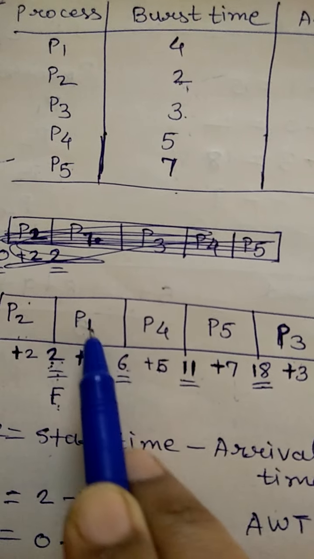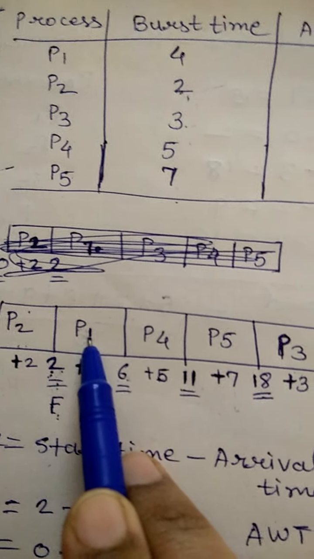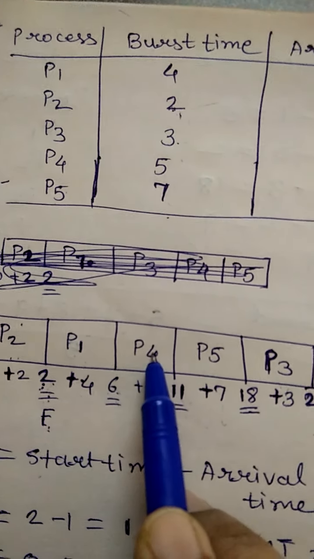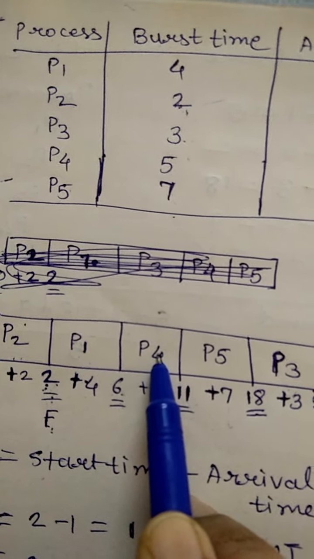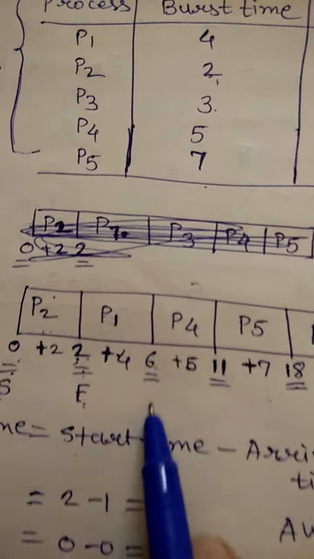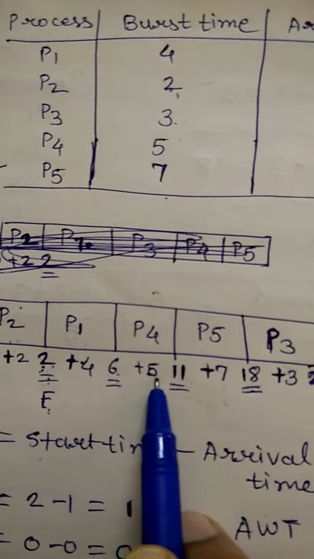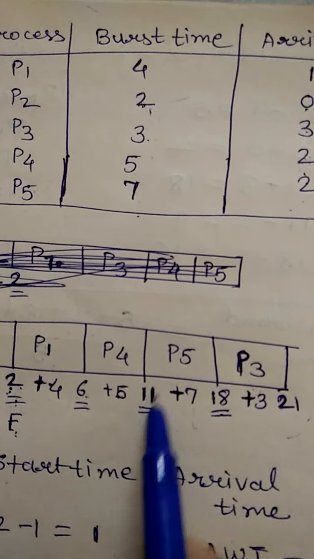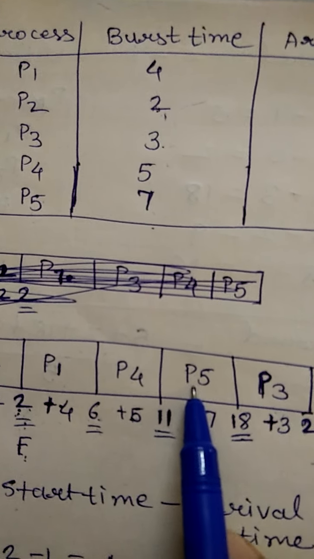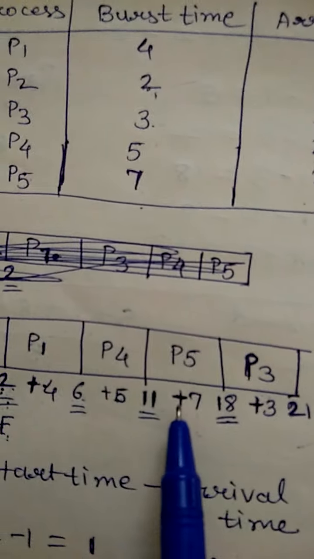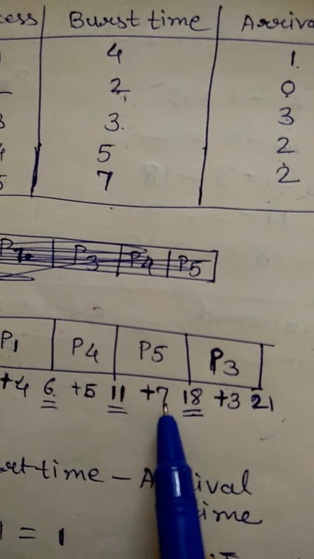At the 6th second, P1 is going to complete its execution, and at the same time P4 starts. The burst time for P4 is 5. So 6 plus 5 comes to 11. At the 11th second, P5 starts, and the burst time of P5 is 7.